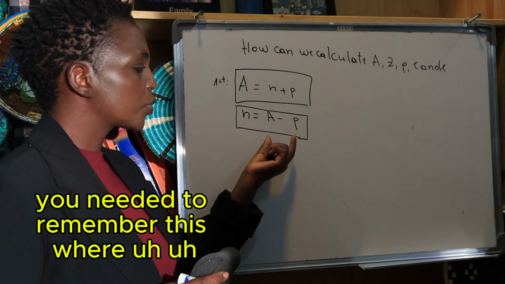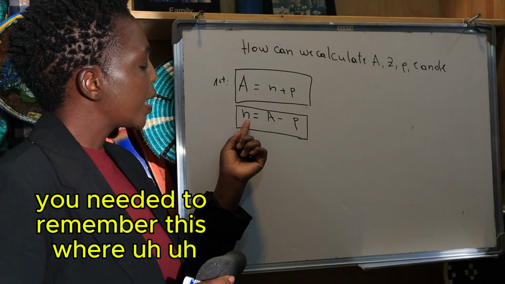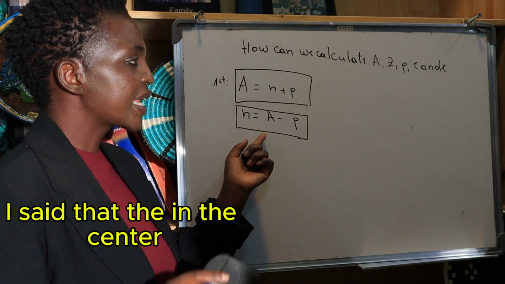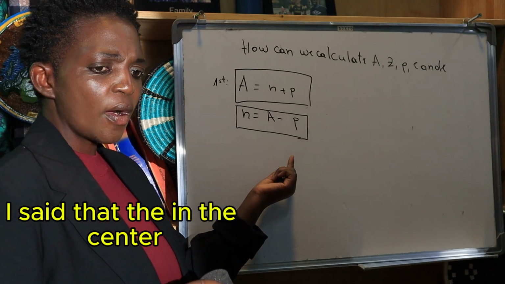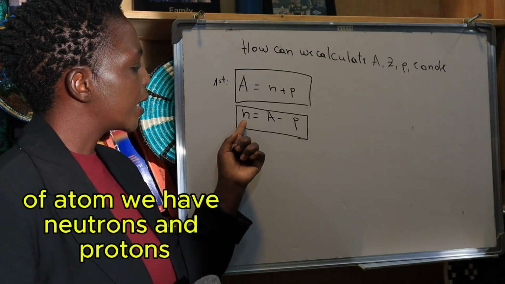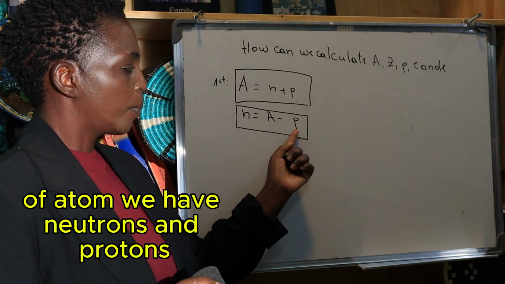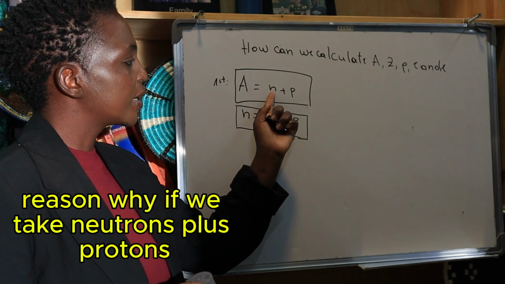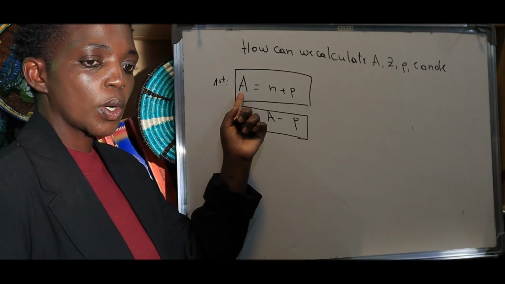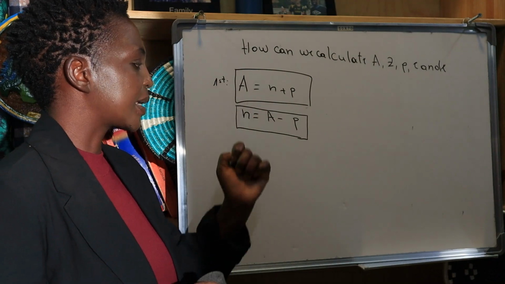Remember, in the center of the atom we have neutrons and protons. That is why neutrons plus protons gives us the mass number.